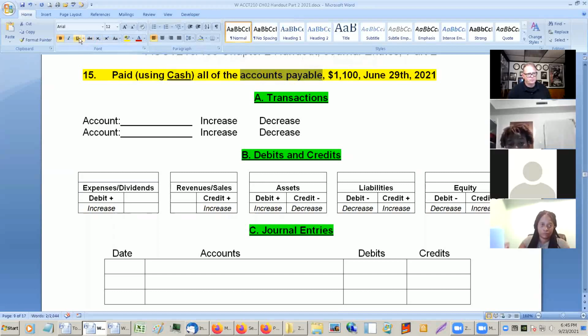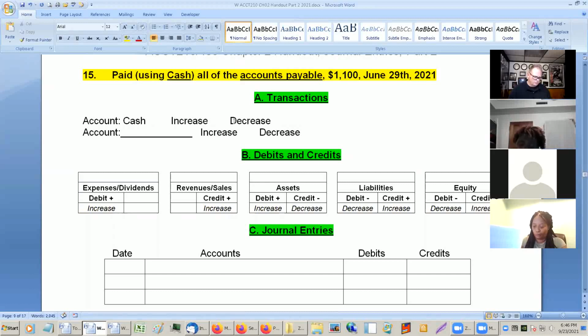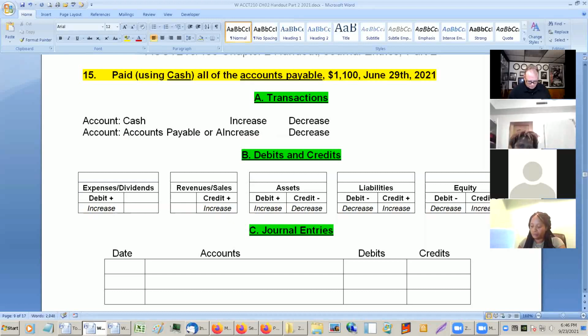Accounts payable. You can say accounts payable or just AP.